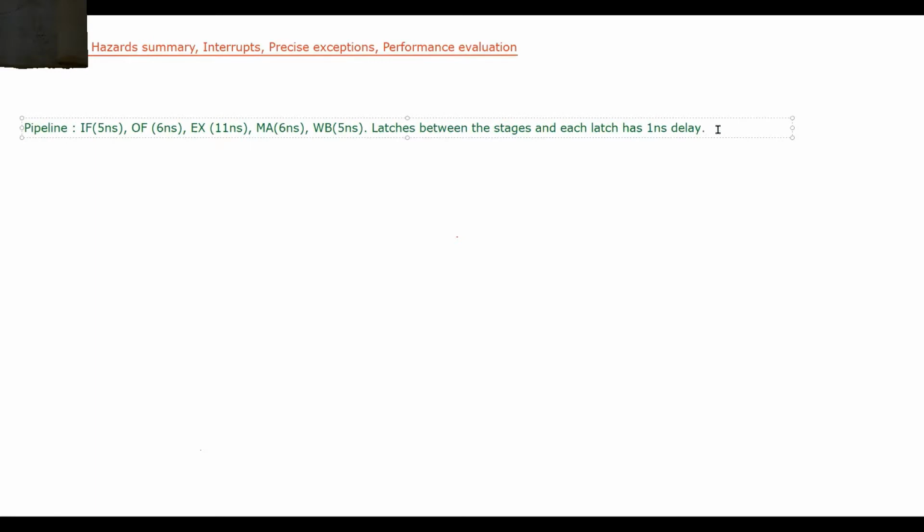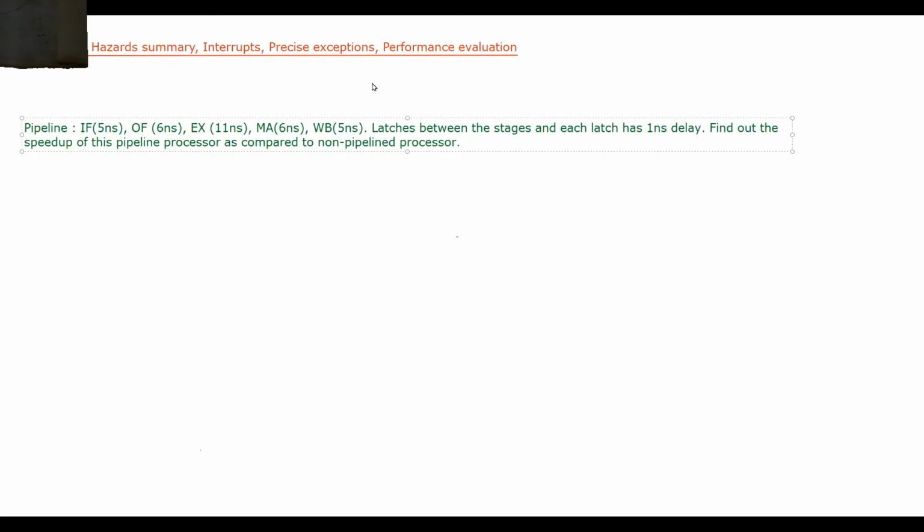Each latch has 1 nanosecond delay. Now we have to find out the speedup of this pipelined processor as compared to a non-pipelined processor. Okay, so let's see how we can do that.